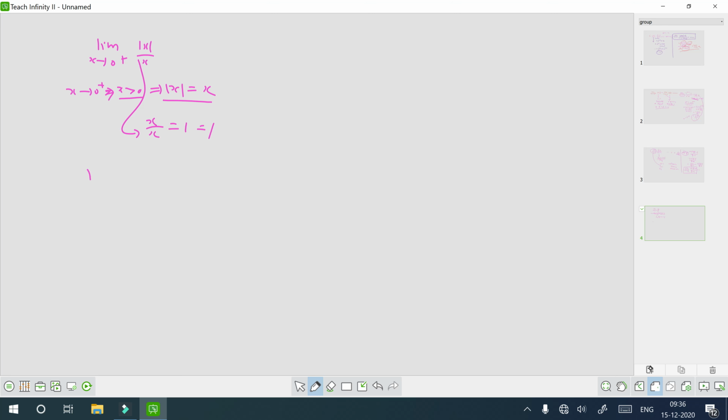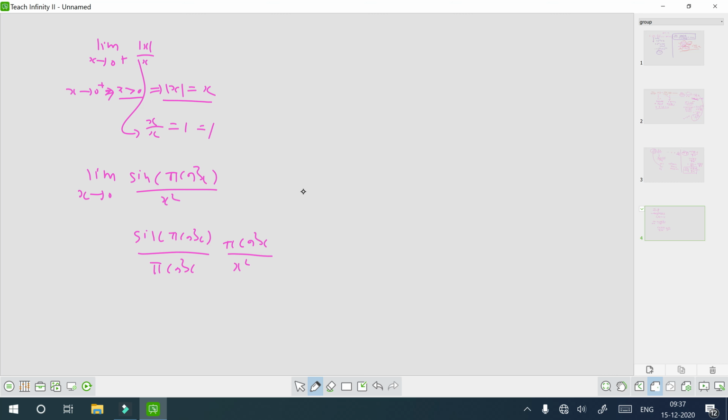Next one, limit x tends to 0 of sine of pi cos square x over x square. And we know that sine of some function over that same function, when it tends to 0, is 1. Clear? So here, sine of pi cos square x, what do we need? Over it we need pi cos square x. So multiply and divide by pi cos square x over x square.